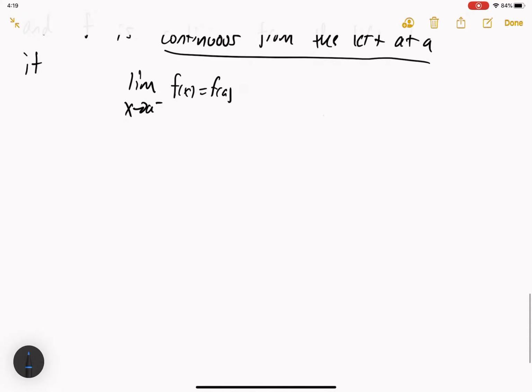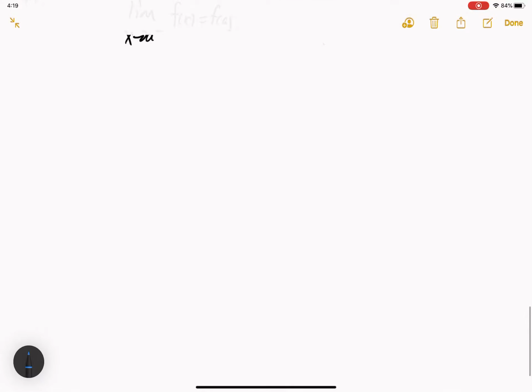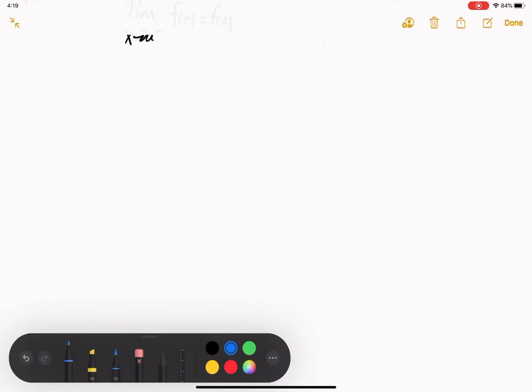So just a quick example again, to clarify a bit more. Let's actually draw a graph. All right, example. So let me just try to draw this. All right, so 1, 2, 3, 1, 2, 3, 1, 2.